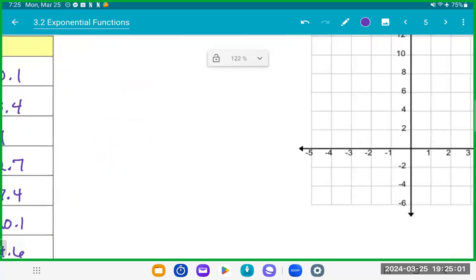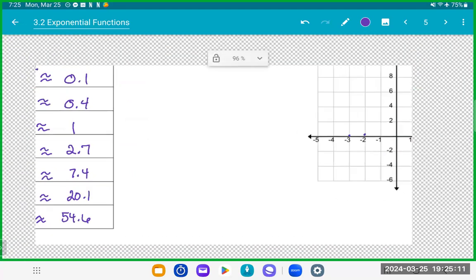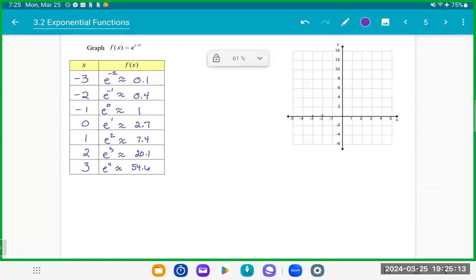-3 is 0.1. It's so small, we're practically on the line. -2 was 0.4. -1 is 1. 0 is 2.7. 1 is 7.4. 2 is 20.